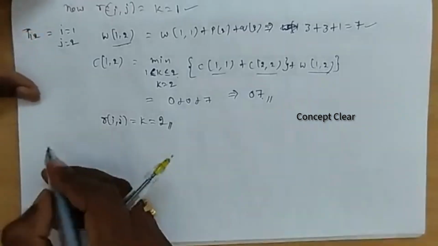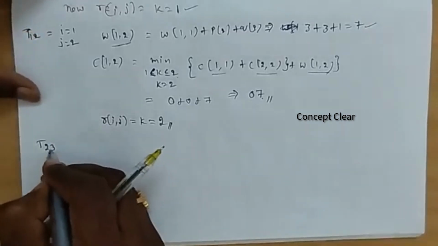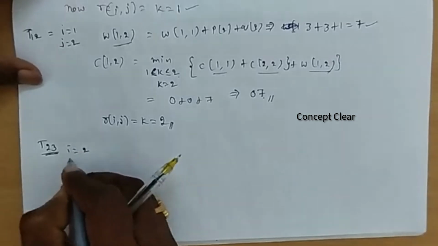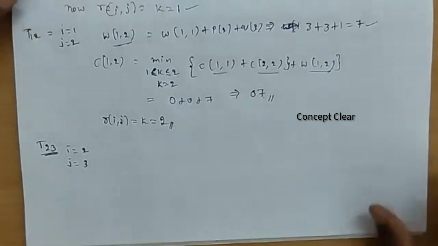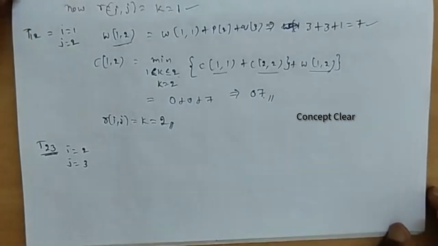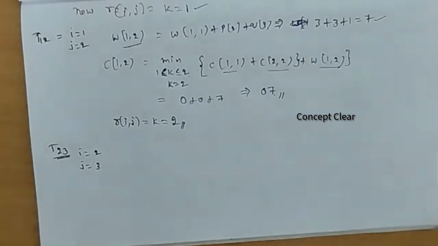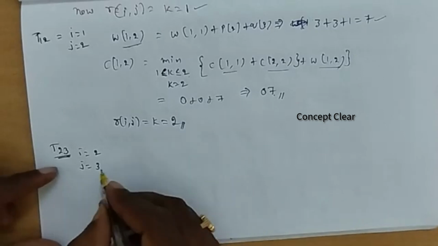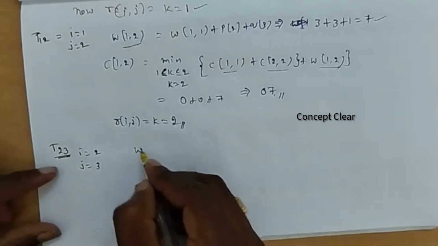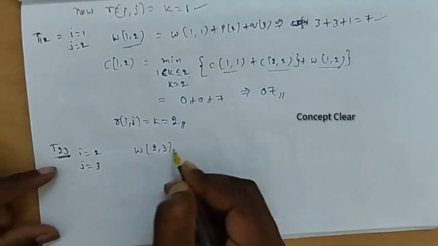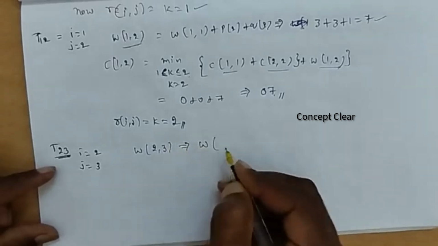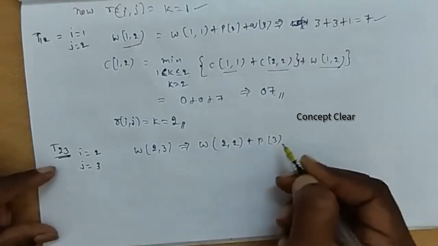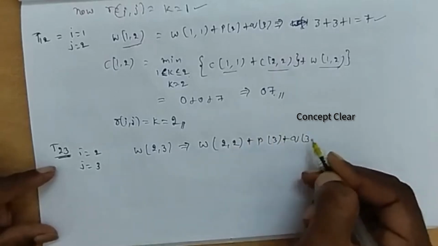Okay, next we have to calculate T of 2 comma 3 value. Here I equals to 2, j equals to 3. So what is the answer here? I am writing directly W of 2 comma 3, that equals to W of 2 comma 2 plus P of 3 plus Q of 3.